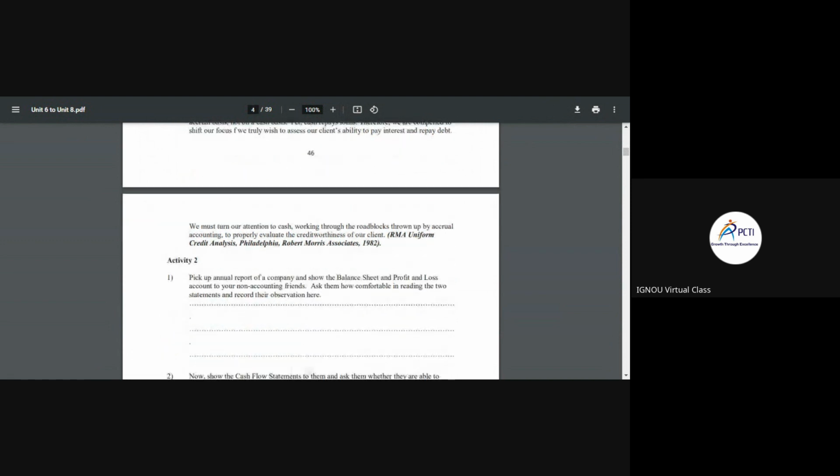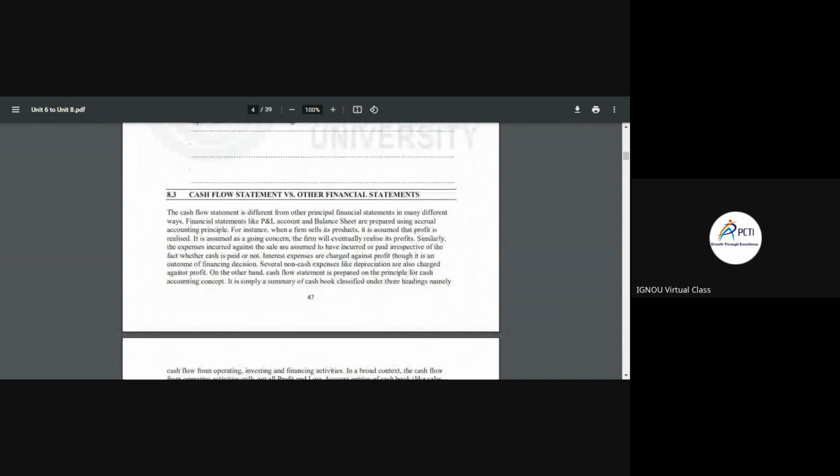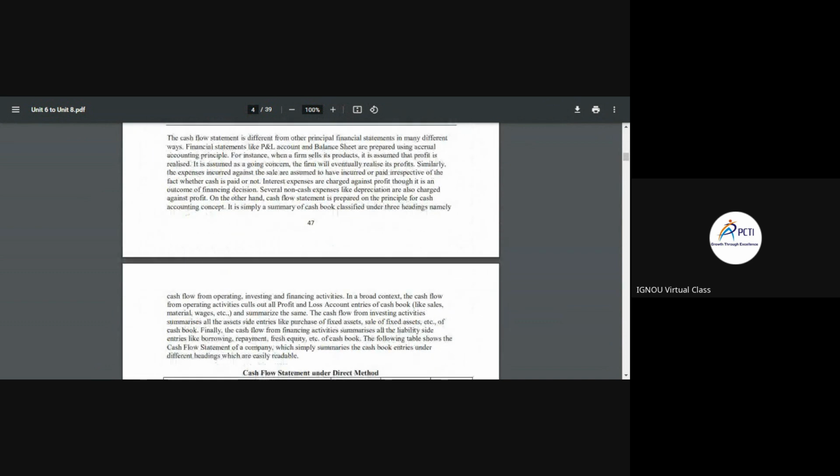So next is basically cash flow statement versus other financial statements. The cash flow statement is different from the other principal financial statements, and there are different ways to make it. There are two methods, one is direct and one is indirect.